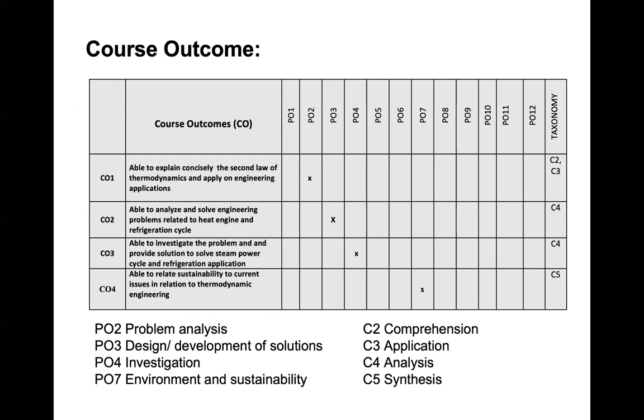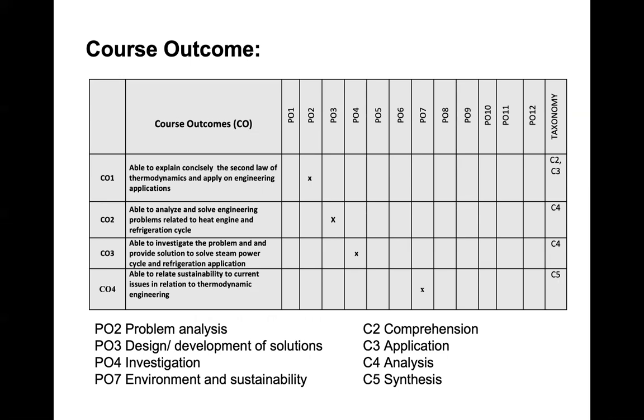Okay, this is your course outcome. First, you are able to explain concisely about the second law and how to apply it in engineering applications, and how to analyze and solve engineering problems related to heat engine and refrigeration cycle. You also will learn about gas and steam power engine.